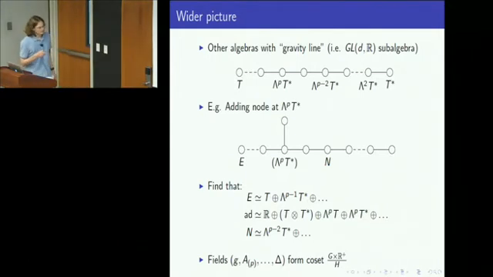Well, if the node at this end is still the vector, I can look at the GL(d) decomposition of the adjoint, and it's starting to look like generalized geometry with a p-form field. Similarly, I can look at this node here, which is 2 down from the p-form, and say maybe that's the N bundle.